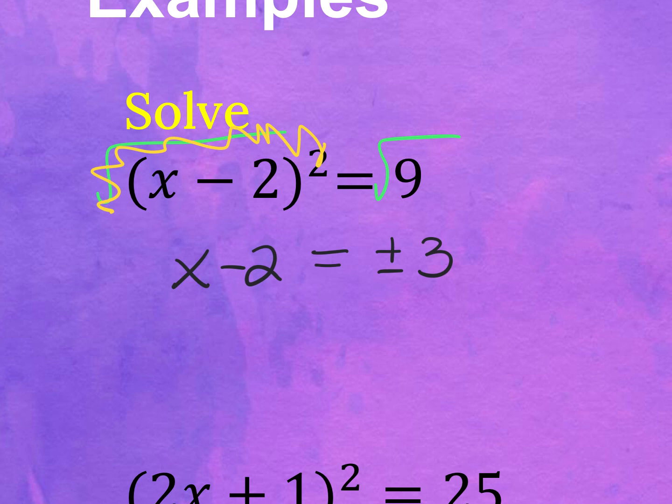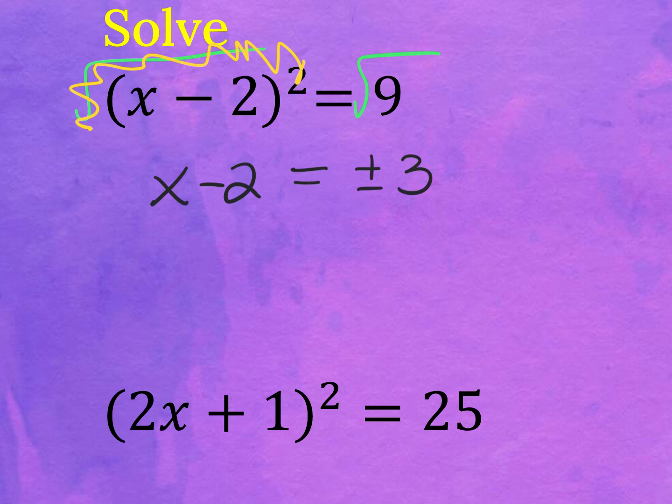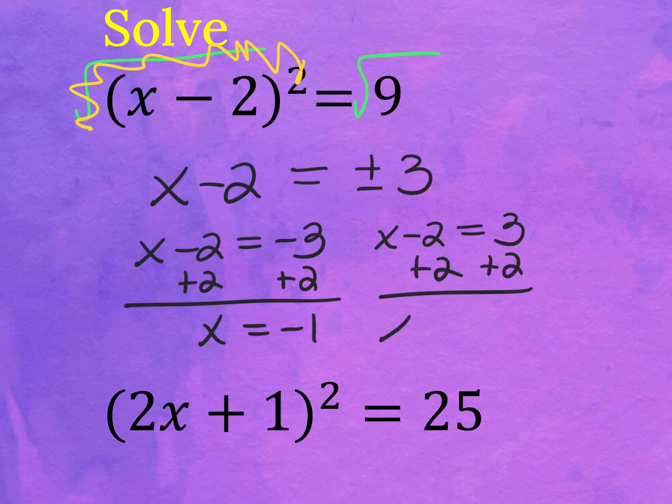Now, we can't leave our answer like this. So when this is a perfect square, I need to turn this into two problems. I need to do x minus 2 equals negative 3, and then x minus 2 equals positive 3. Add the 2. x equals negative 1. Add the 2, and x equals positive 5.